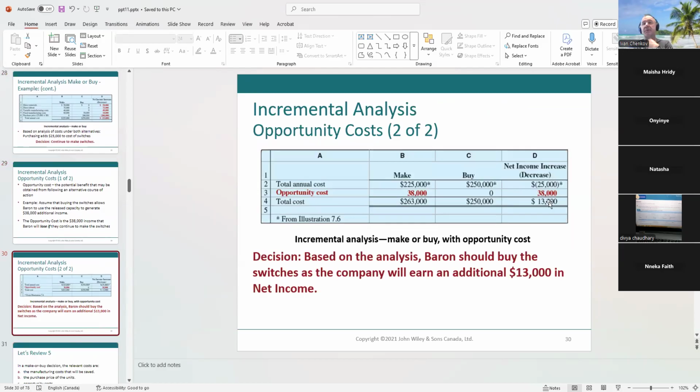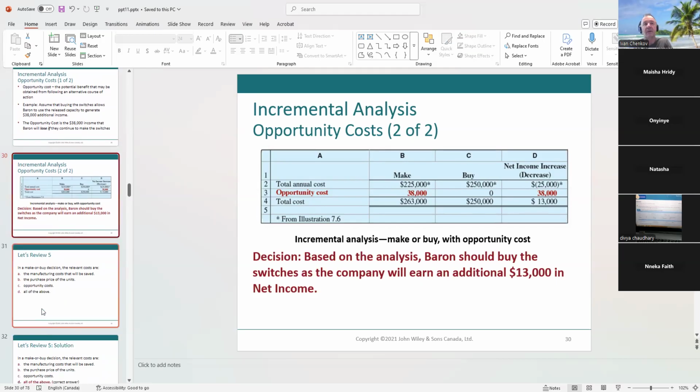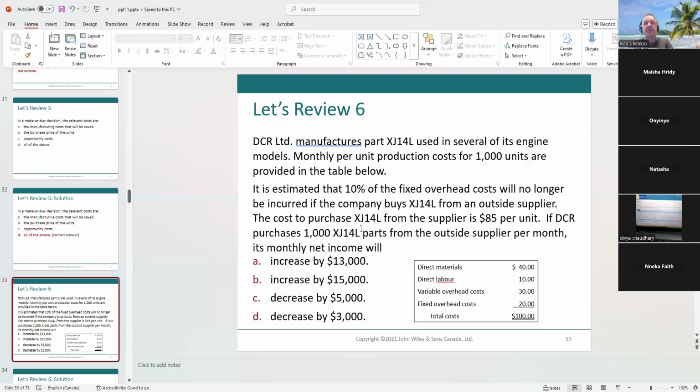Plus we're going to generate an additional $13,000. So if you have that free capacity and use it, yes, go and purchase it from outside. Why? Because it's not only going to cover the loss of the purchase, but it's going to generate income for you.